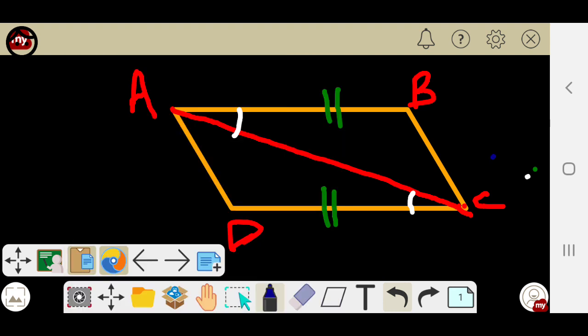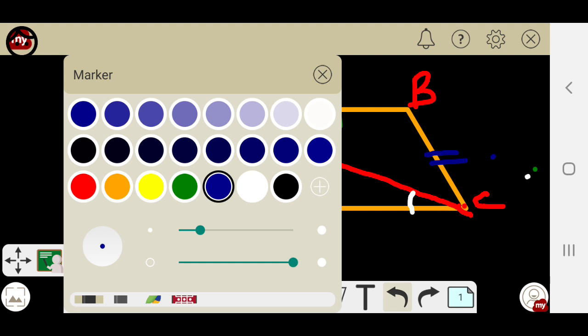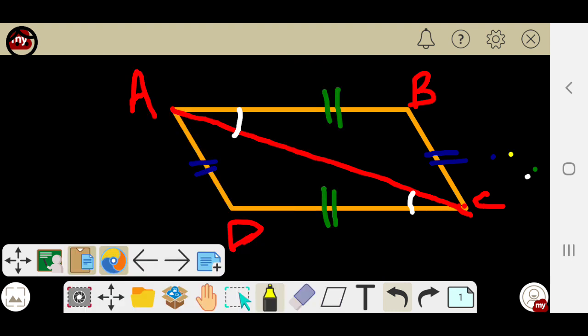AD and BC are parallel, and AC is its transversal. These two alternate interior angles are equal because AD is parallel to BC and AC is the transversal. So angle DAC equals angle ACB.